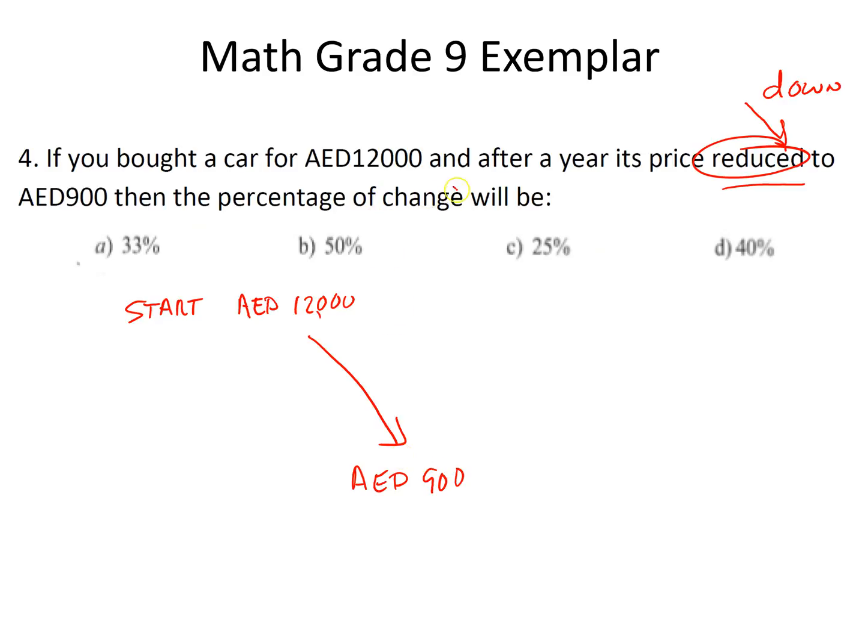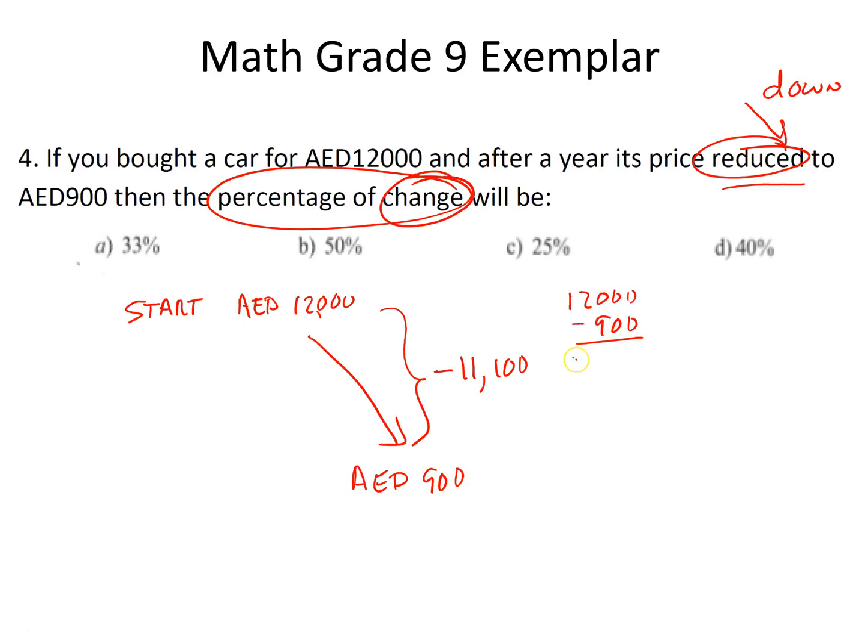So then it says, what's my change? Well, how much money changes here? Well, it went down 11,100. That's 12,000 minus 900 gives you 11,100.